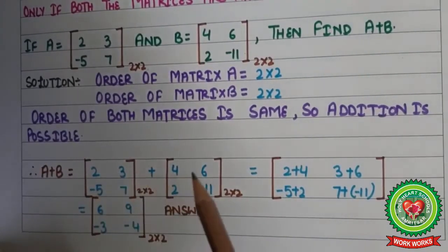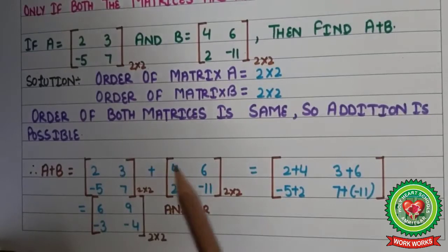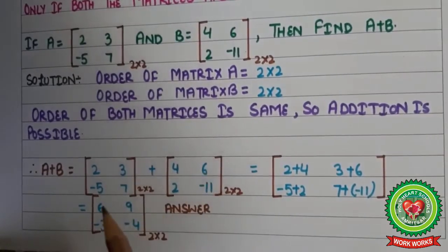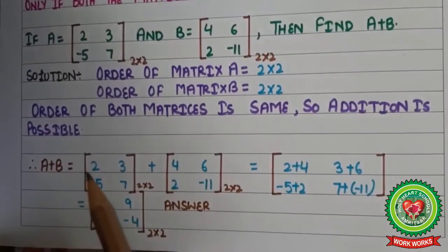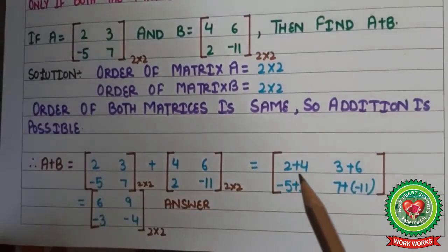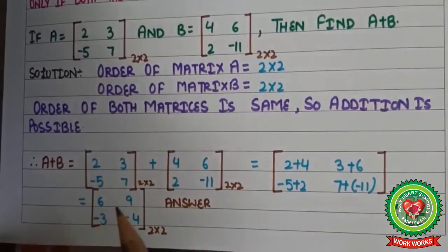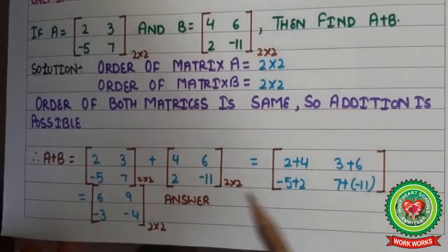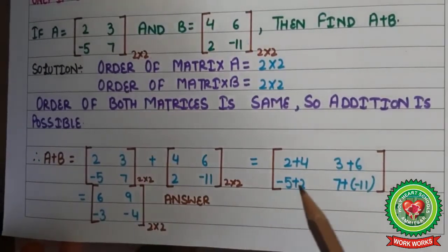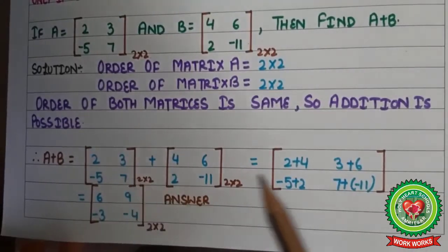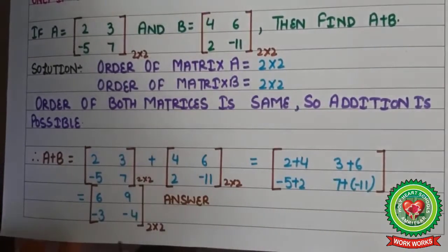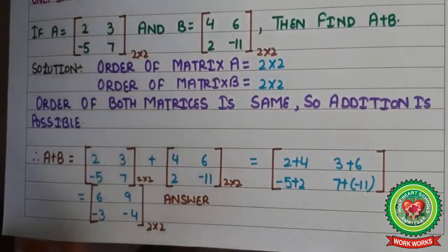First element will add to first, second to second, third plus third, fourth plus fourth. Now see the solution. 2 plus 4 equals 6, 3 plus 6 equals 9, minus 5 plus 2 equals minus 3, and 7 minus 11, sign of bigger term, minus 4. So this is the answer of A plus B.